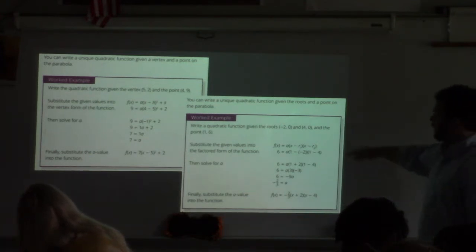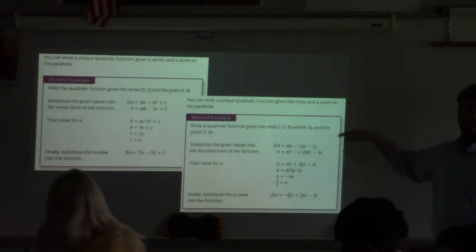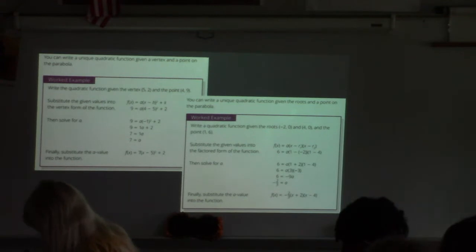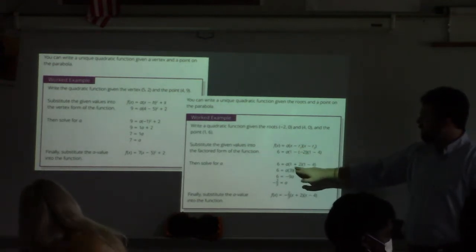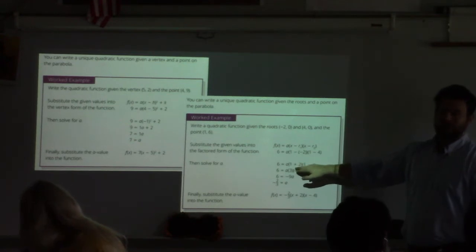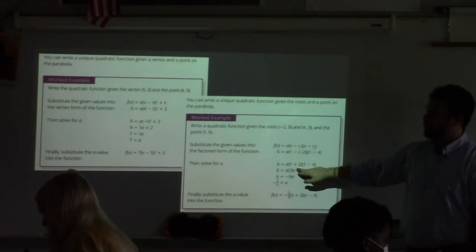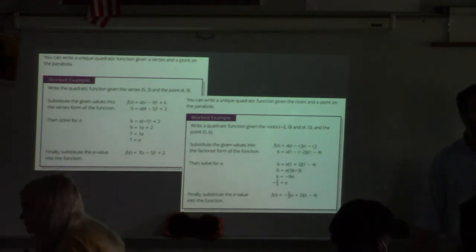Notice how did they ever just substitute values in right away? No, they wrote the equation first. Every time you write the equation, you're going to remember it better. Every time you take the time to substitute those values in, you're going to notice, hey, when I subtract a negative, it becomes what? A positive, right? So when it's a negative root, I'm actually going to get a plus. When it's a positive root, it's still going to be a minus. Take the time.